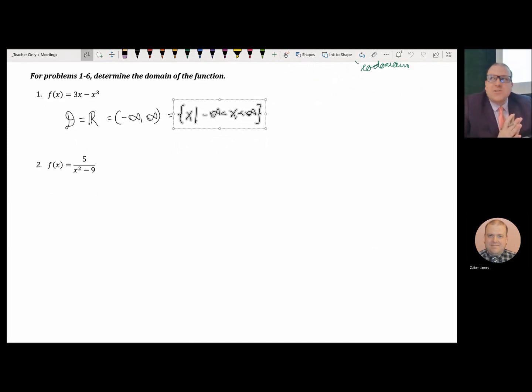Domain of 5 over x squared minus 9. Again, two rules. You ask yourself, do we have a denominator? What's the denominator? First, we know that x squared minus 9 cannot be 0. So solve it.